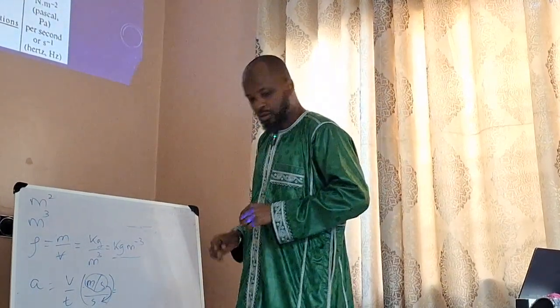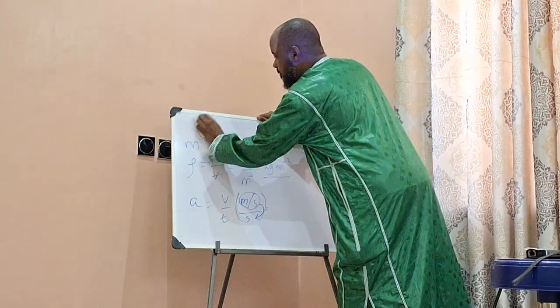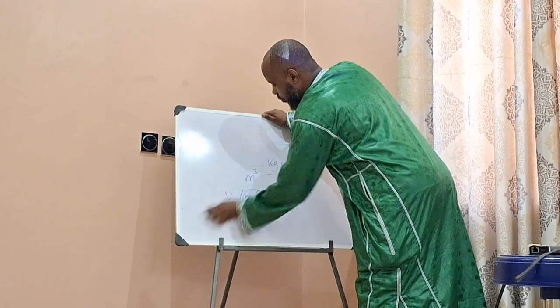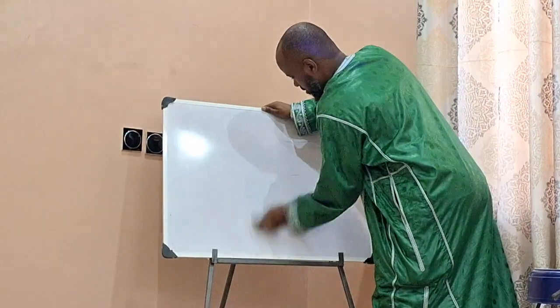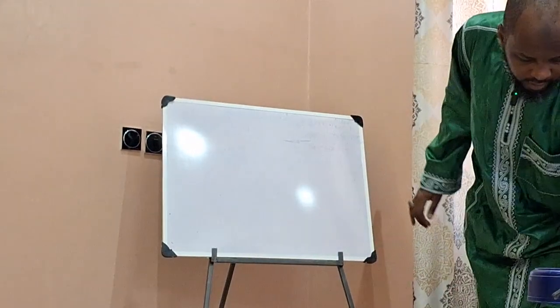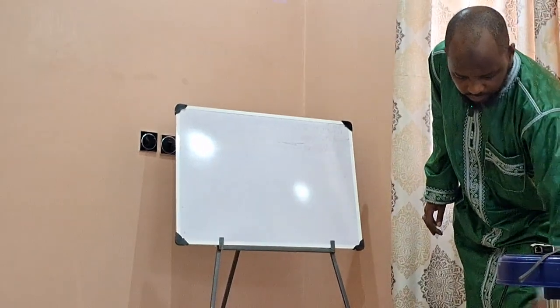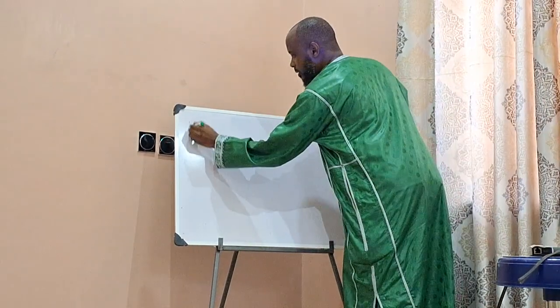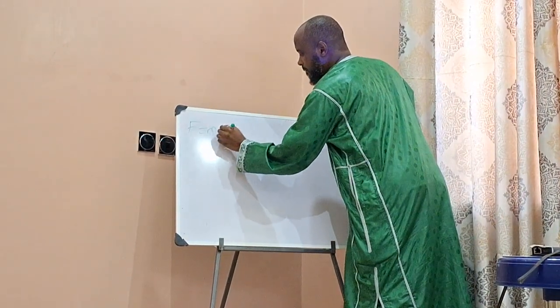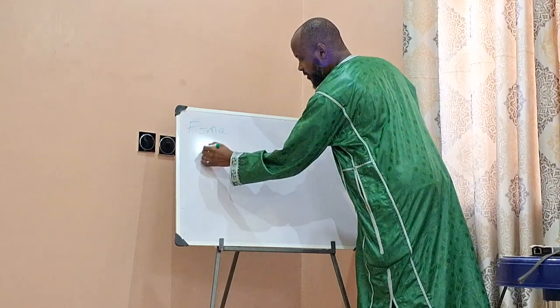Okay, but what that means is that Newton can also be written in terms of its base quantities, isn't it? Because F equals MA. M is in what?